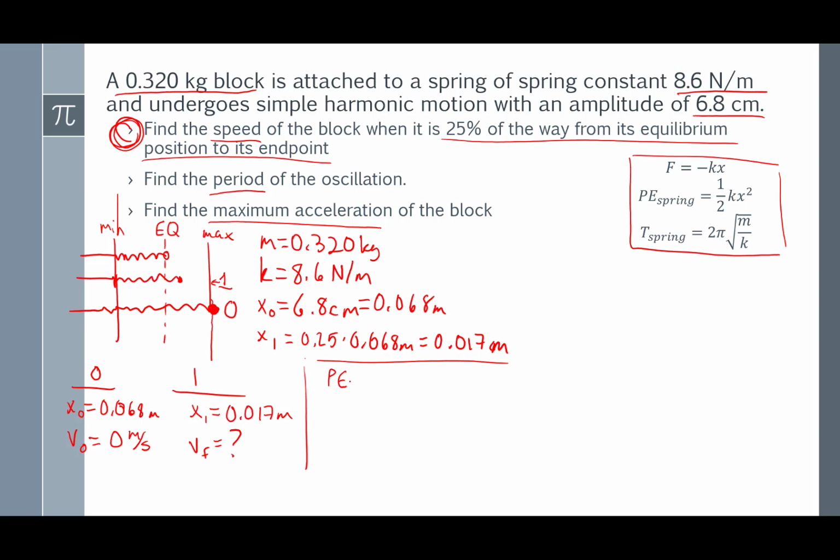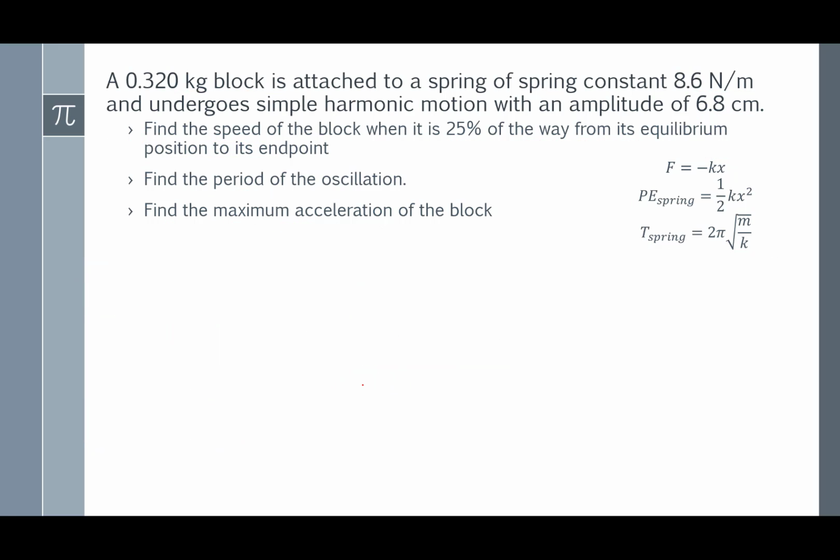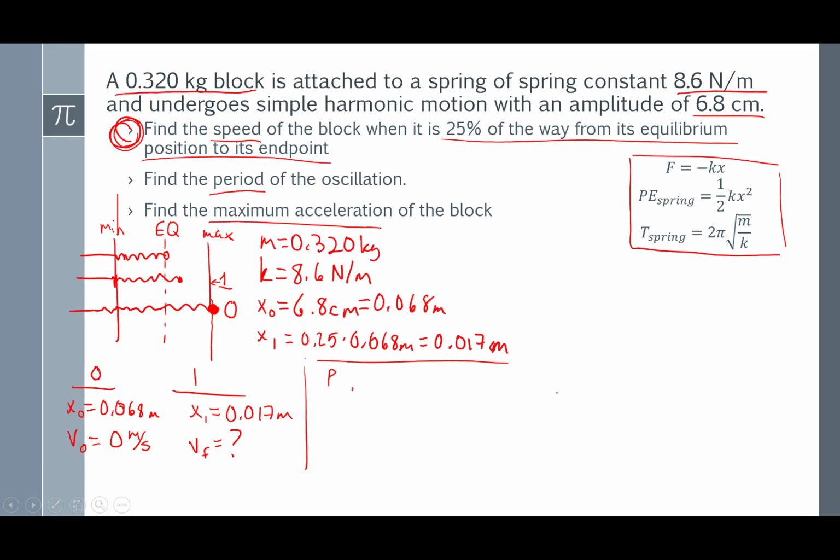Since we called it position 0 and position 1, we're going to do kinetic energy 0 plus potential energy 0 equals kinetic energy 1 plus potential energy 1.